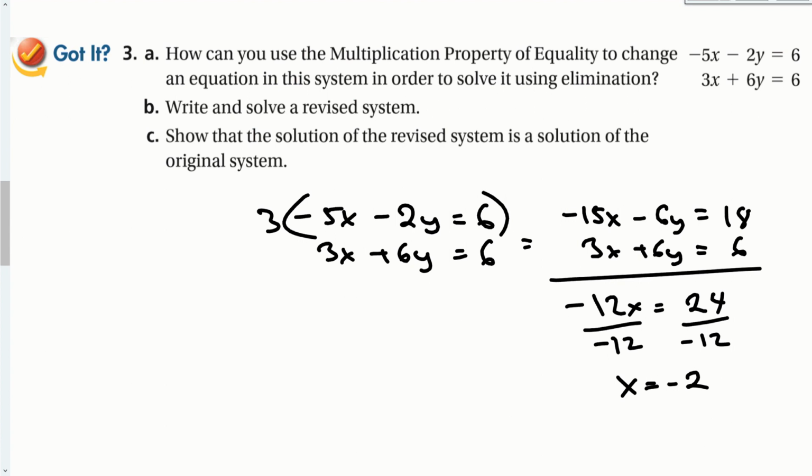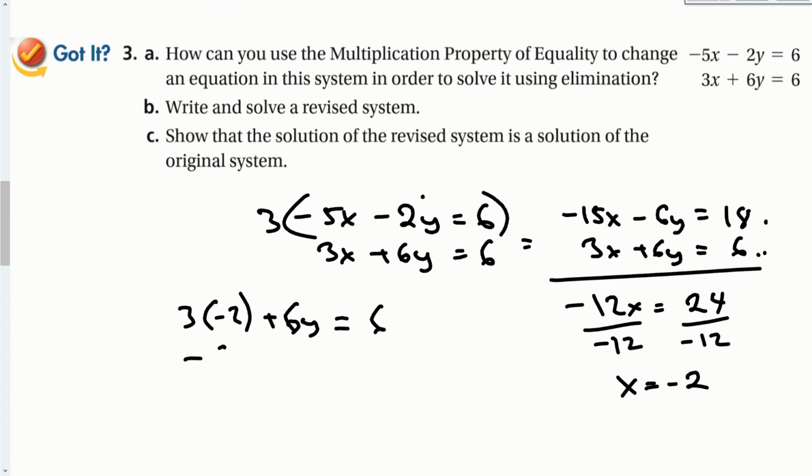Pick one, plug it back in, and it could be any of these equations. This new one, this old one, whichever one you want. Let's use the bottom one. That one looks not too bad. So 3 times negative 2 for x plus 6y is equal to 6.